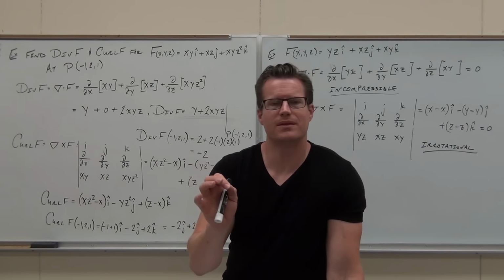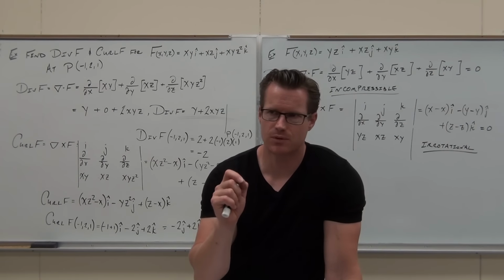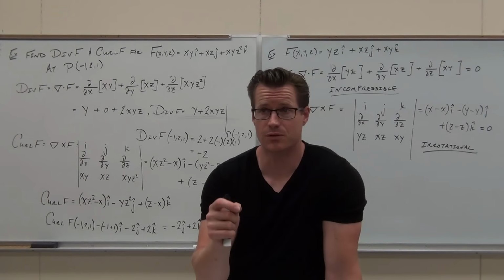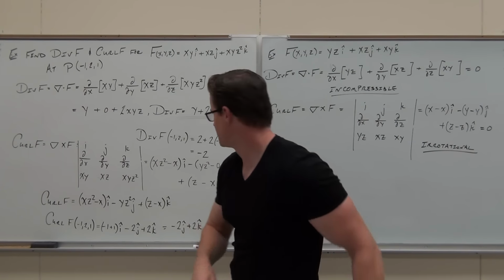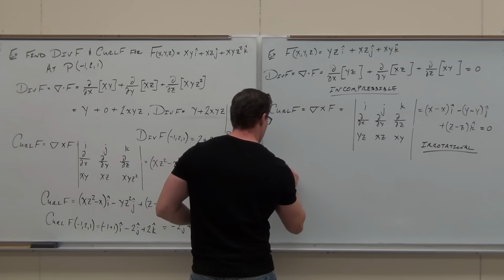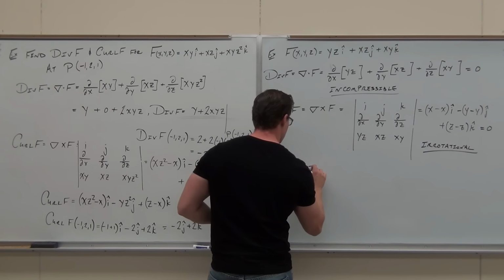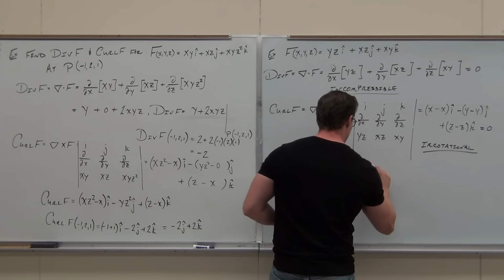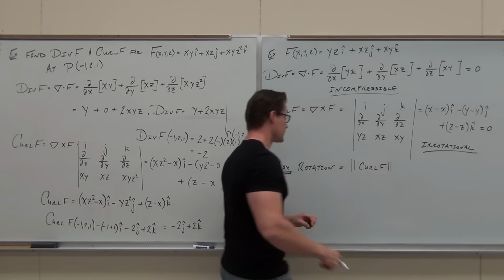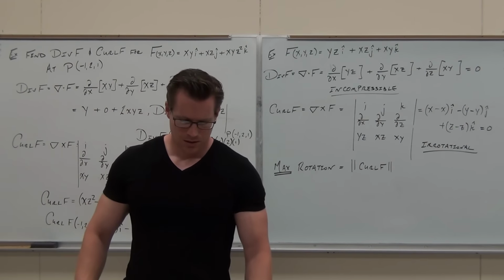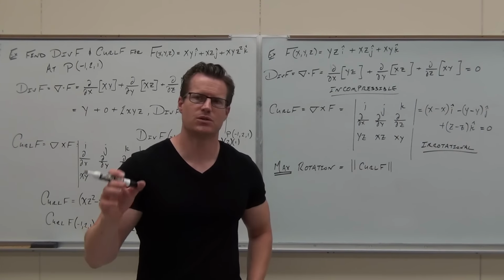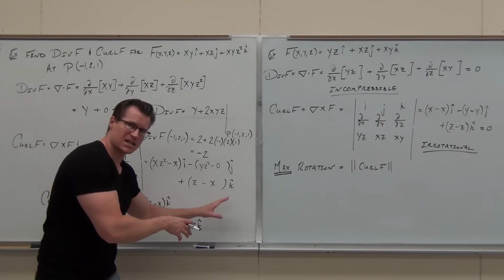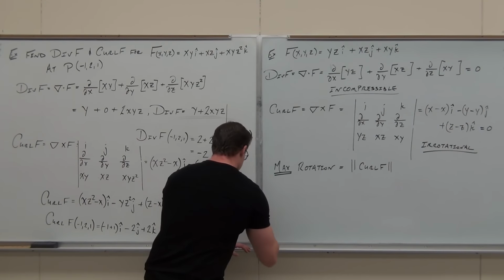The maximum rate of rotation, and this should be logical, will be the length of the curl vector, the magnitude of the curl F at a point. So at this one specific point that you plugged in, the maximum rotation would be this.